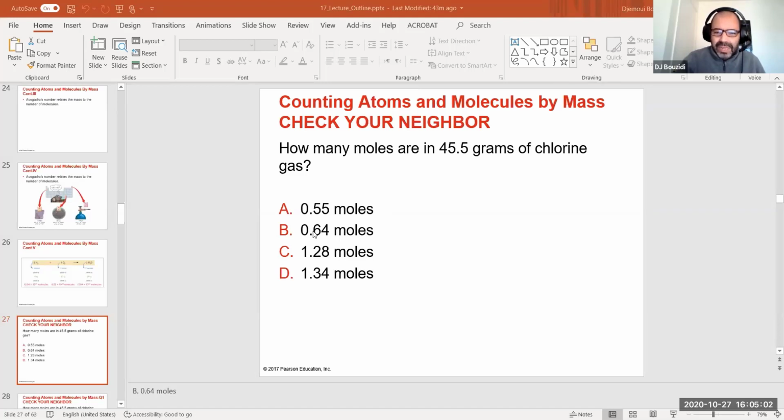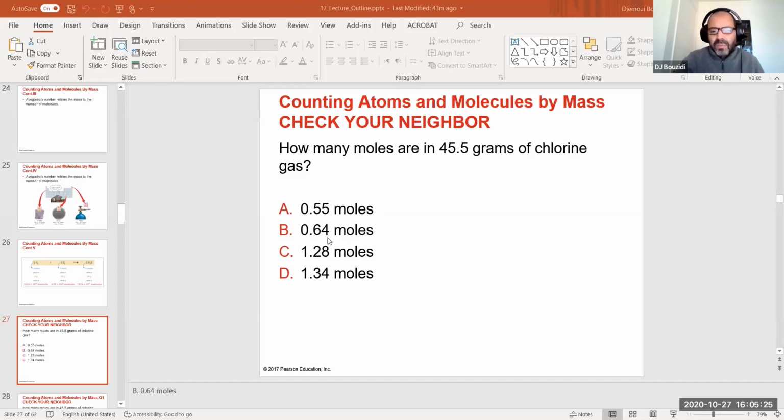So if you do the calculation, the correct number is 0.64, because 45.5 grams, again, the AMU for the chlorine from the periodic table is 35.4. You divide 45.5 grams by 35.4 times 2, which ends up to being 70.8.